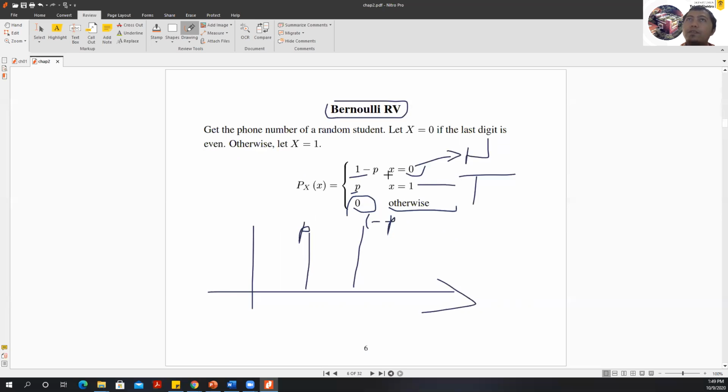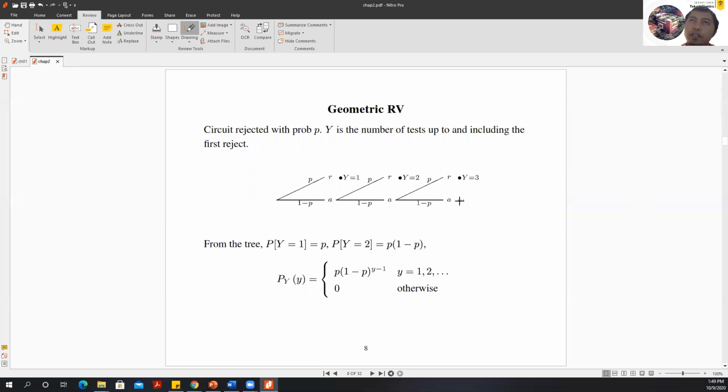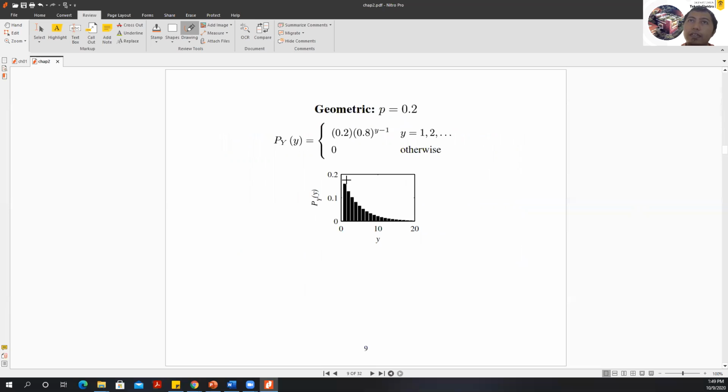After Bernoulli, there is the binomial, mathematically expressed by this formula. I don't want to go deeper into these distributions or random variables; you can check and exercise by yourself what the differences between them are. Like the geometric, where the pattern is a slope going down.